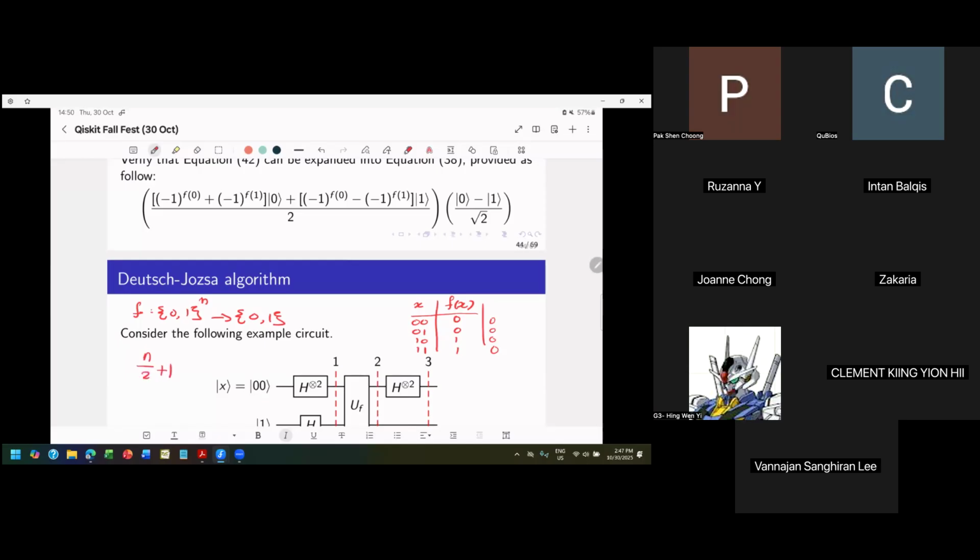I guess because now here is n. 2 to the n over 2, 2 to the n minus 1. Something like this, I guess. 2 to the n minus 1 plus 1.